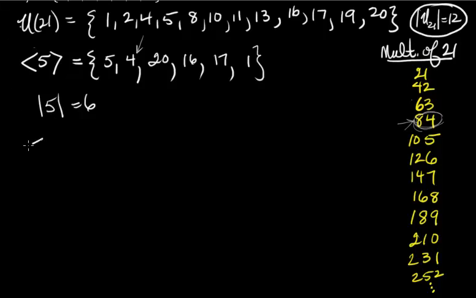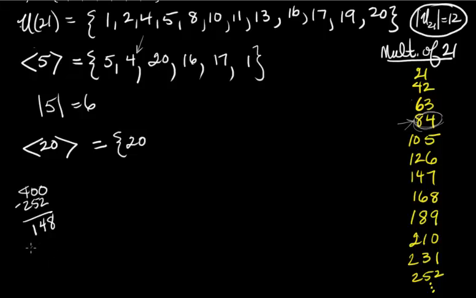Let's take 20. We have to generate the cyclic subset generated by 20. So I put 20 in first. 20 times 20 is 400. So let's see, I could divide 400 by 21 and get a remainder, but I'll just subtract 252. That was the last power I had, and I would have 148 as a remainder.